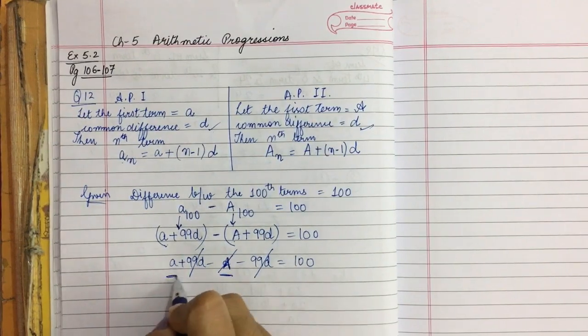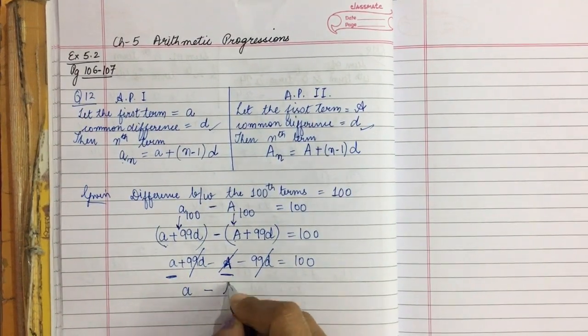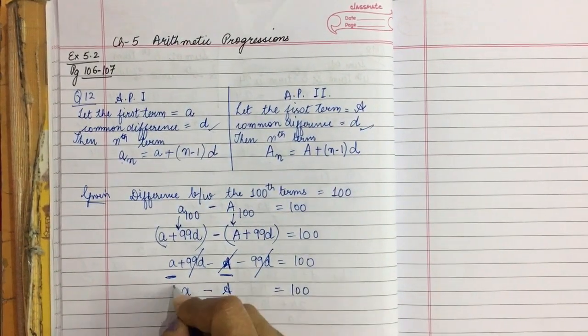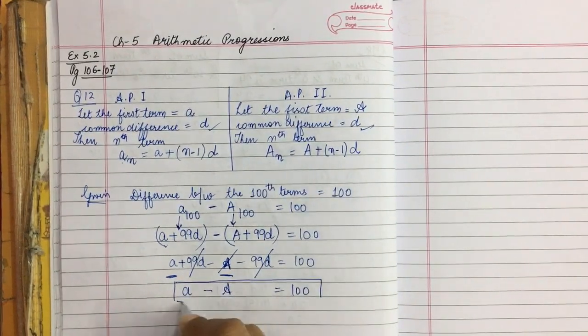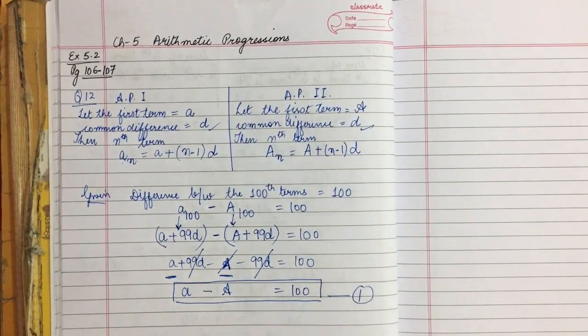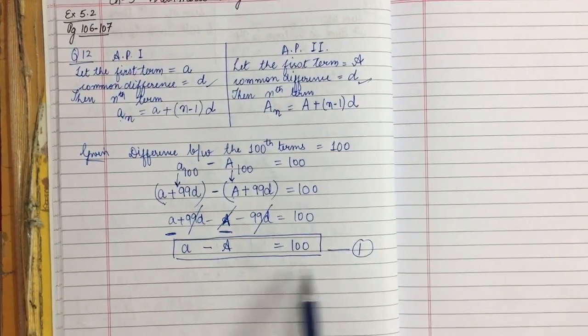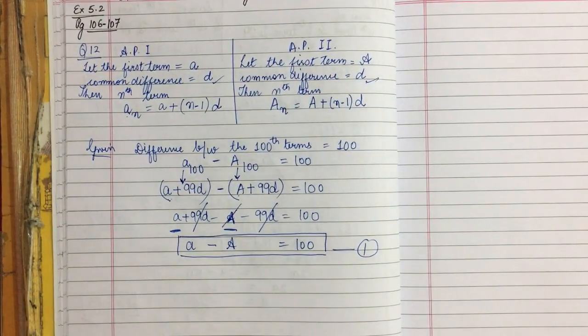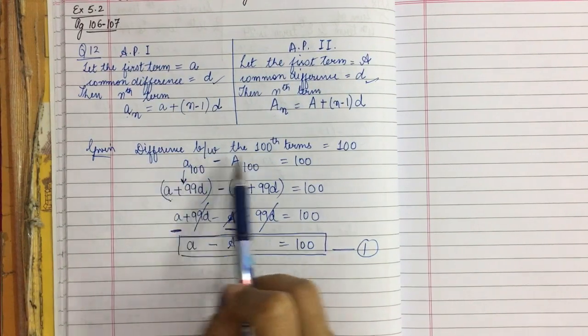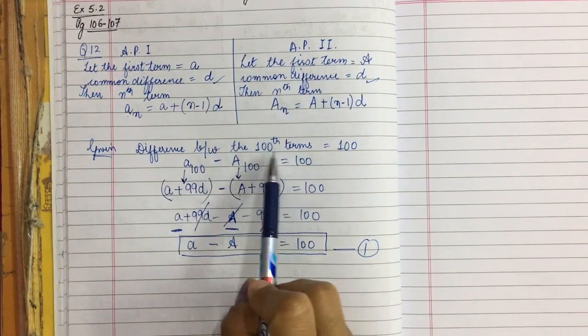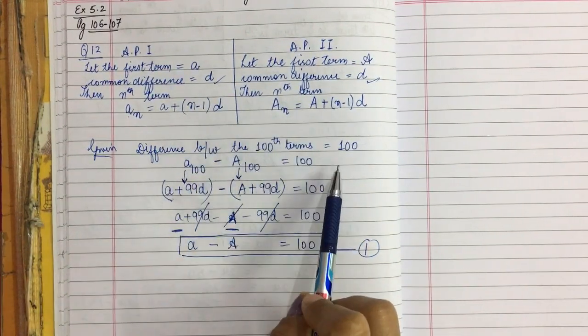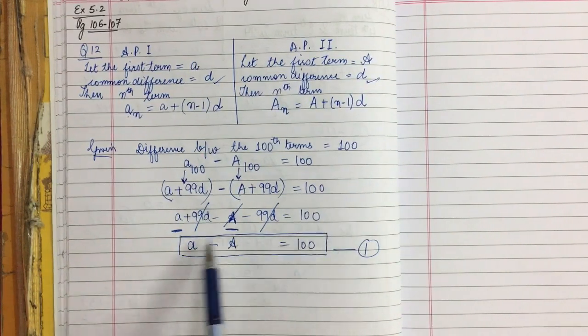This is not cancelled. So we are left with a minus A equals 100. This is what we obtain from what is given to us, considering the difference between the 100th terms of the two arithmetic progressions is 100.